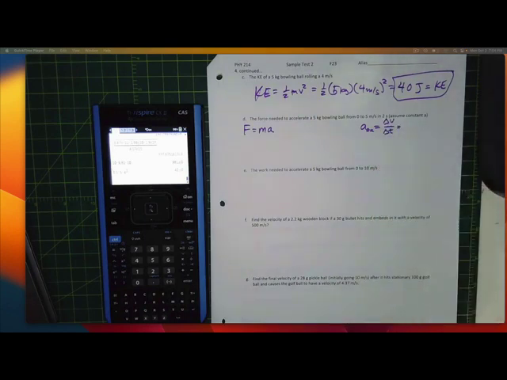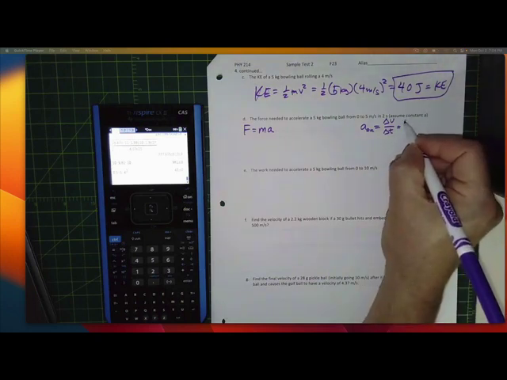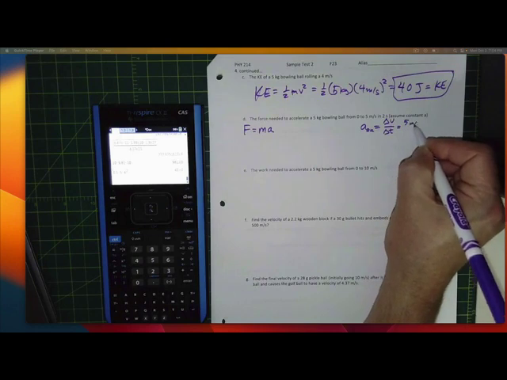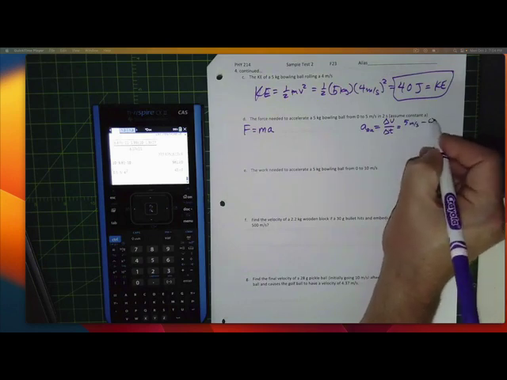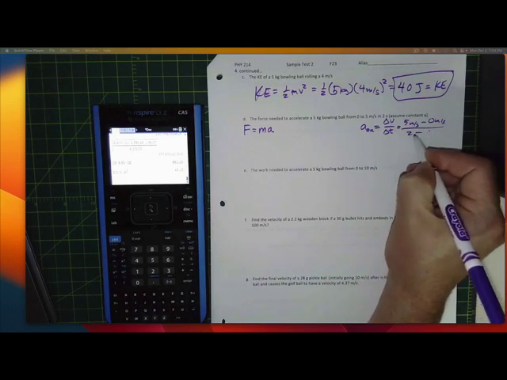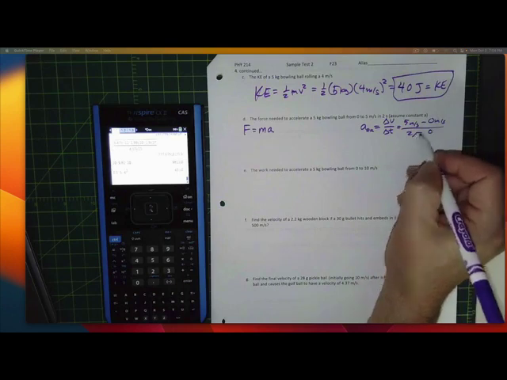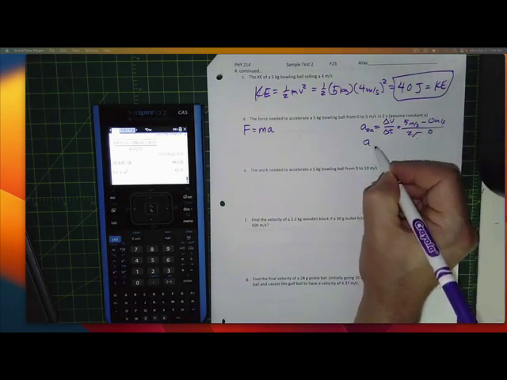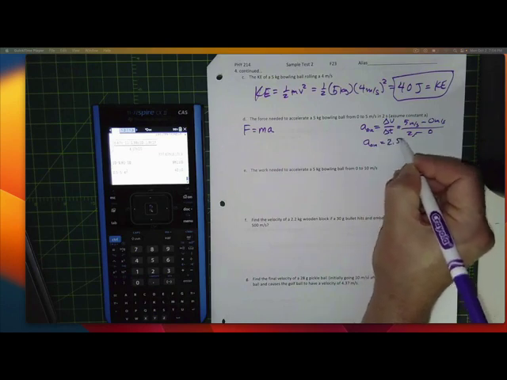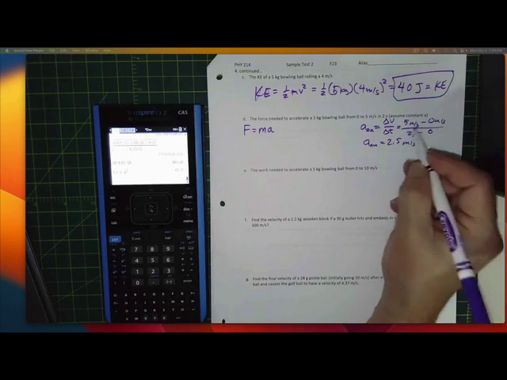How fast it speeds up in a certain amount of time. So it's going to be 5 meters per second final velocity minus initial velocity, which was 0, over ending time 2 seconds minus beginning time 0. So it's just 5 over 2. Acceleration is 2.5 meters per second squared, 5 halves.